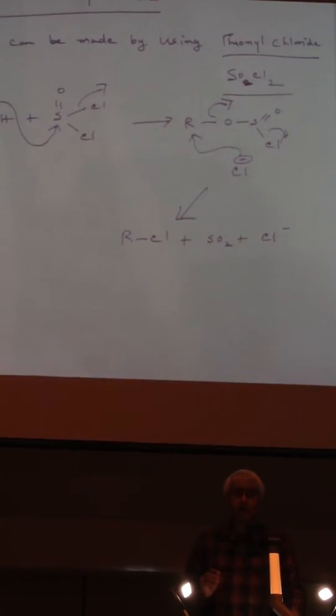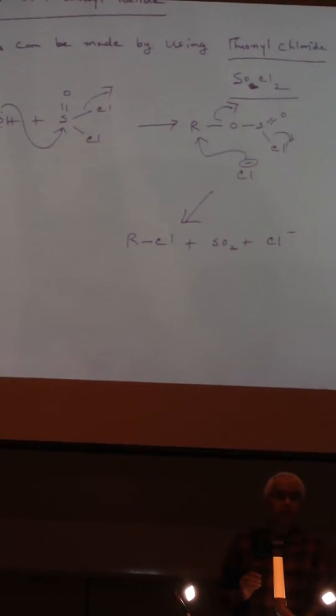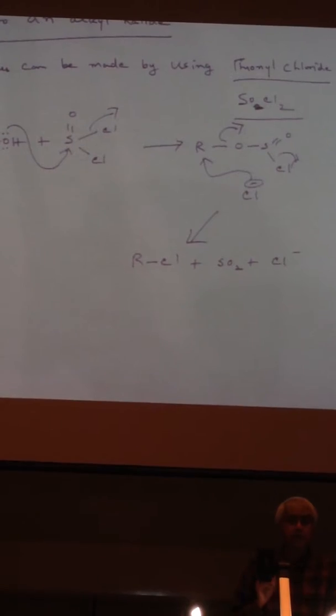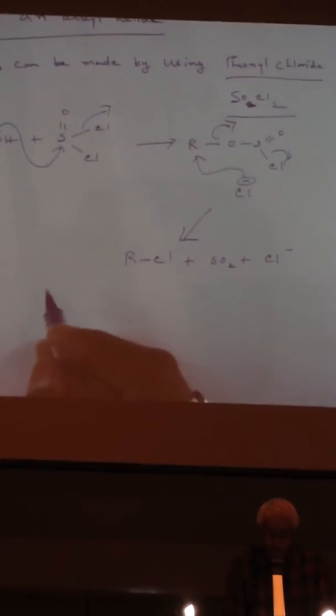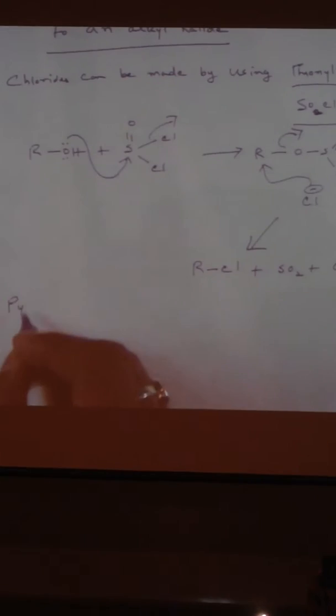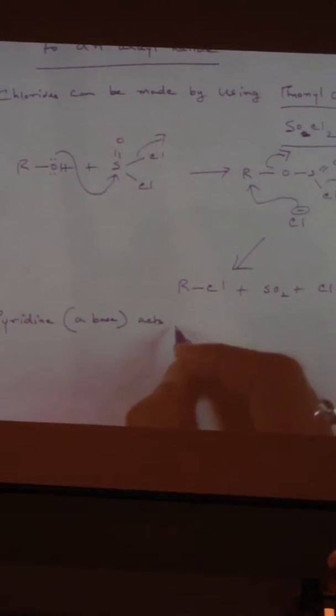The leaving group essentially combines with the hydrogen to make hydrogen chloride. And in this process, usually, if you add some pyridine, the reaction goes faster. Pyridine is a base. It acts as a catalyst and solvent.